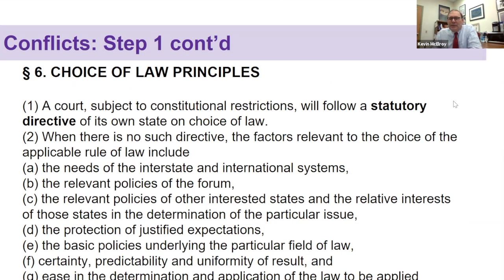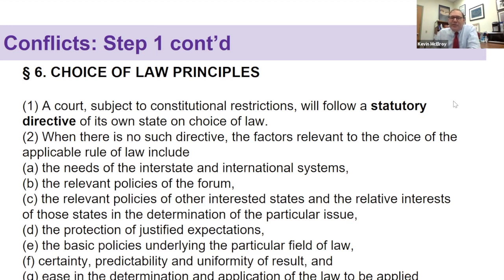6.1. Keep your eye out for this in a fact pattern if it comes up on the bar exam. A court, subject to constitutional restrictions, and I'll talk about that in a little while, will follow a statutory directive of its own state on choice of law. So if you file in Idaho, and Idaho's got a statutory as opposed to a common law, and I told you in the beginning, this would make a difference somewhere, and this is it.